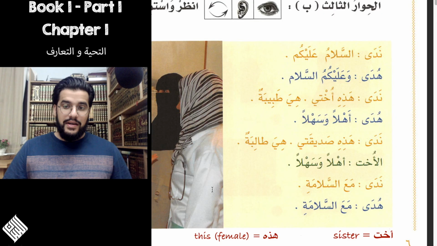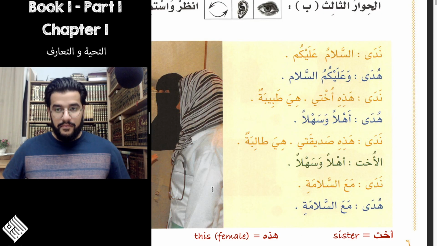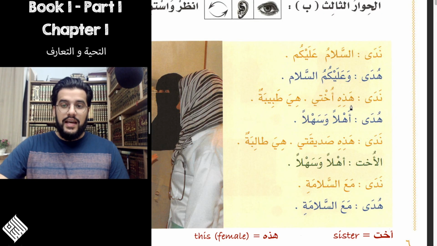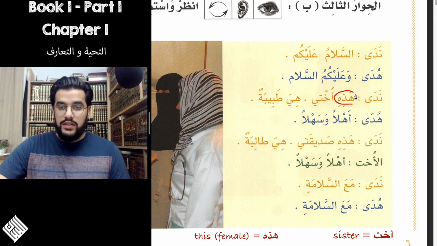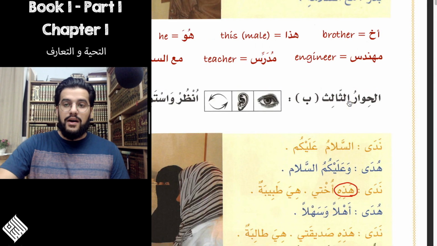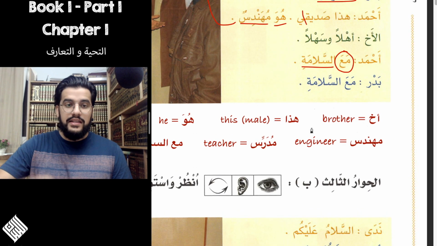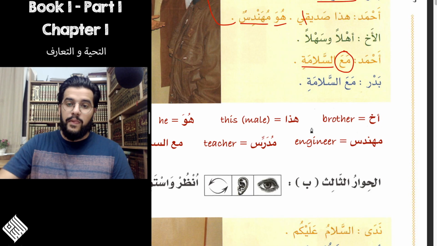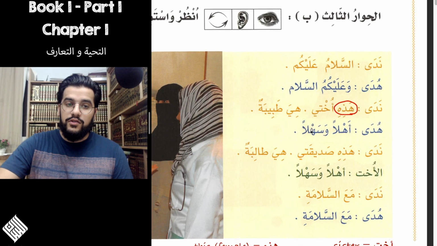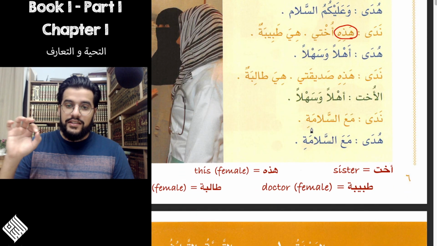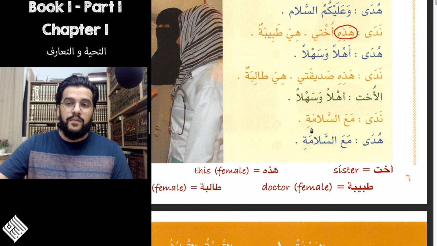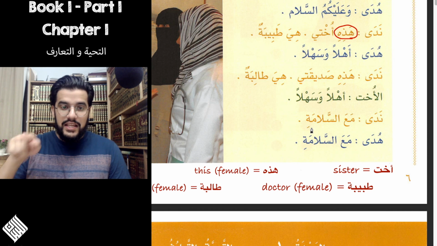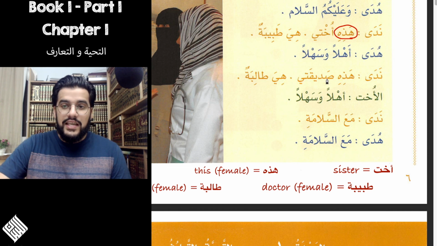مع السلامة. مع السلامة. Alright, so Nada says هذه أختي. Remember what we said about هذا? We said هذا means this only if you're referring or pointing at something that's male. Now هذه is what we use to refer or to point at a female or a feminine word. So she's saying هذه, this is أختي.